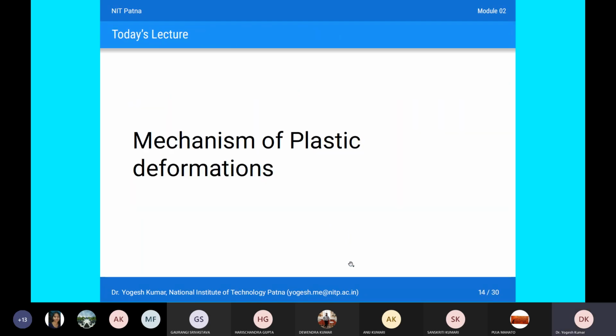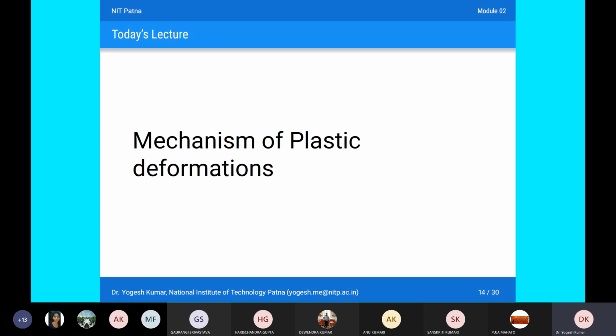For today, this was the basic introduction about elastic and plastic deformation. And today, in particular, when we talk about metal forming processes, we are basically interested in the plastic deformation part.